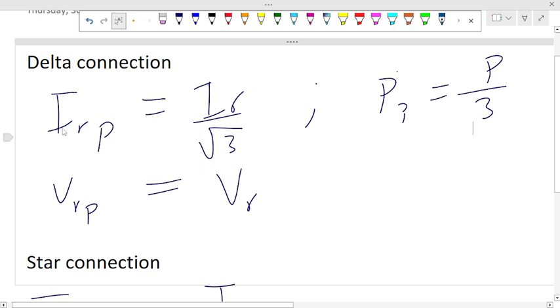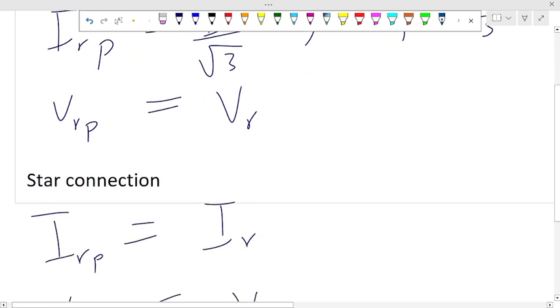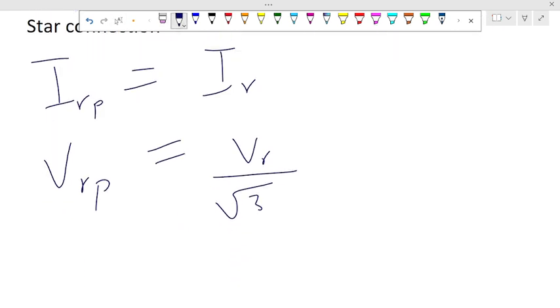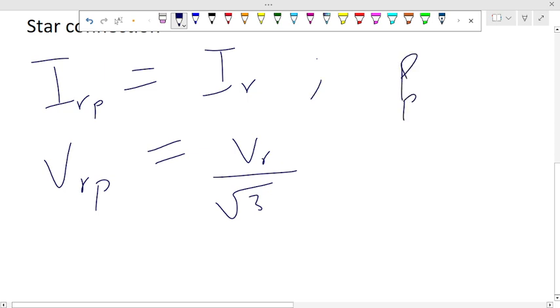That's for delta. Also this applies: for a particular line, the power for 1 line equals the power for 3 lines divided by 3. That's for power.